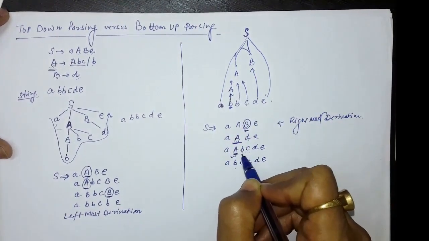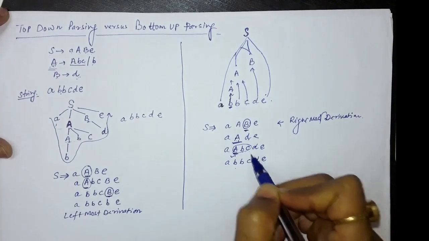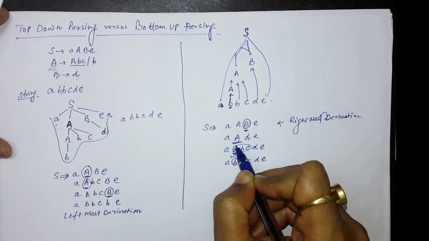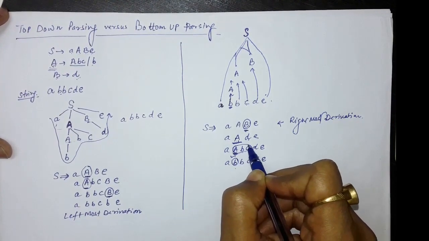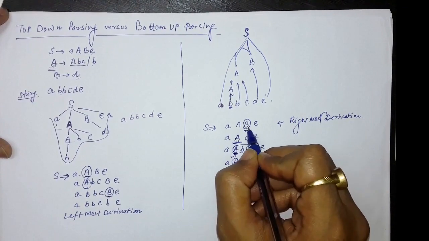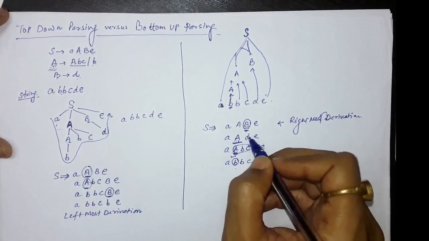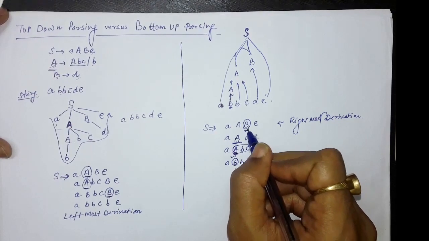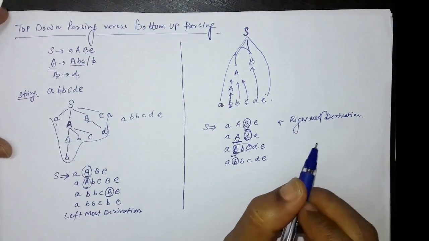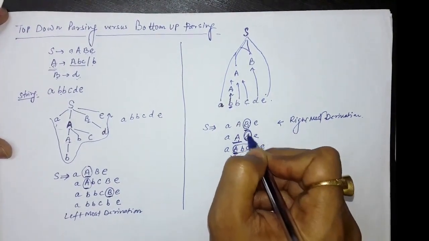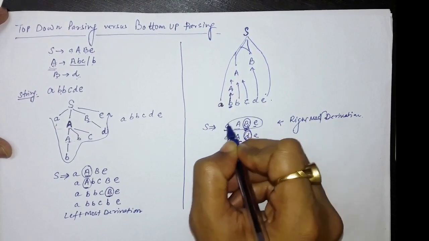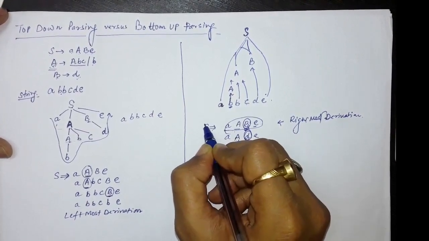So first was the reduction of A produces b, and then A produces ABC. Next we have replaced this B to d. Next we have replaced B produces d, and we now have small a, capital B and capital E. Then finally we have reduced all these symbols to the start symbol.